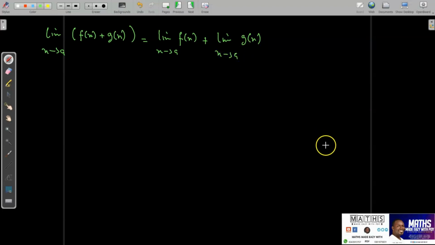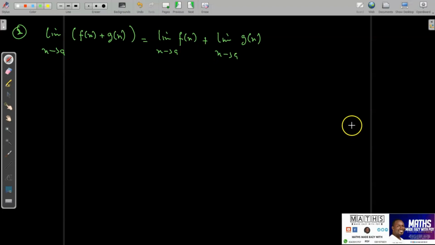That's theorem number 2. So meaning when they are together and you find the limit, it should be the same as when you split them up, find the limit separately, and add them. You get the same answer.